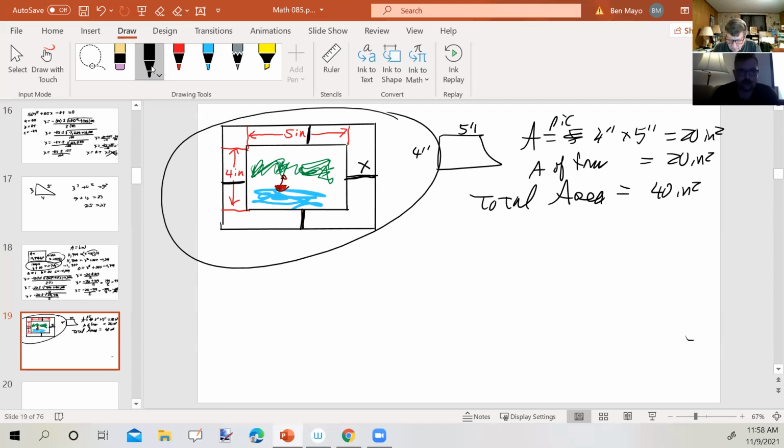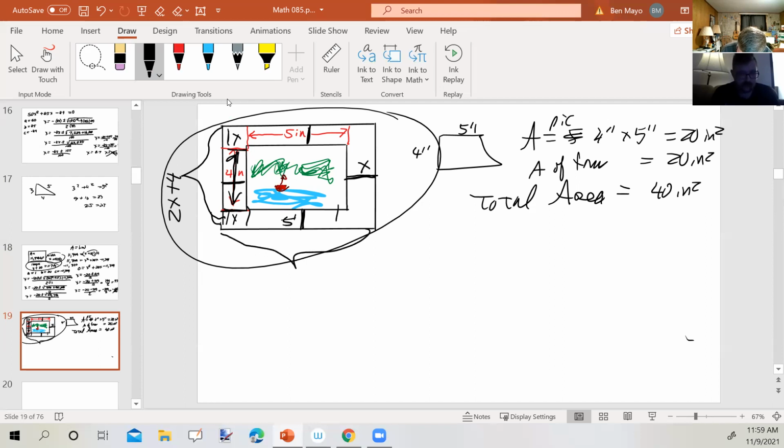Now, this dimension right here, the outside of the frame, we know that from here to here is 4 inches. But this distance right here would be X, and this distance right here would be X. So this would be 2X plus 4. Do you see how I got that? Okay, now let's find this distance.